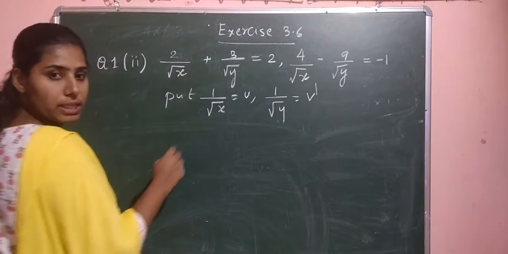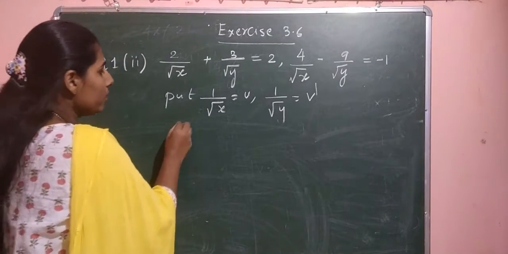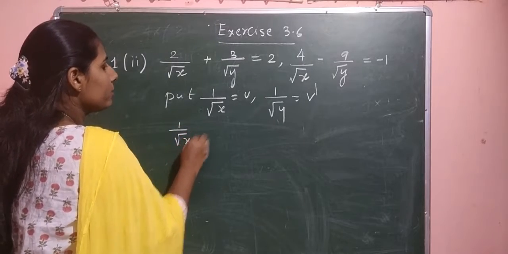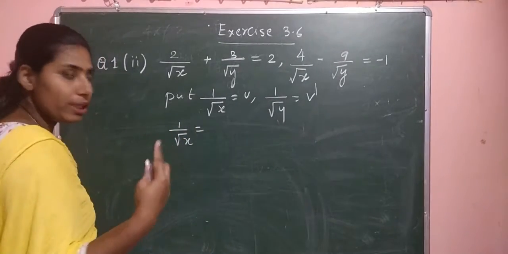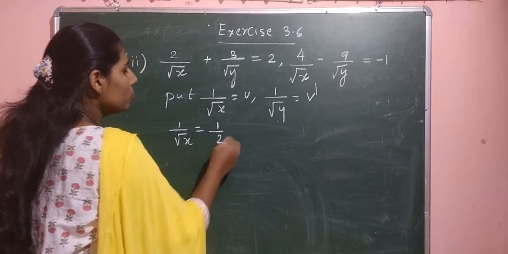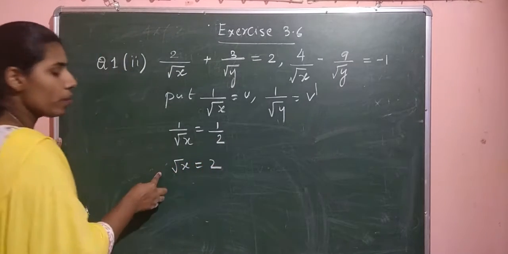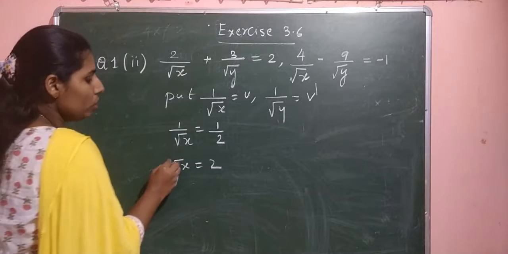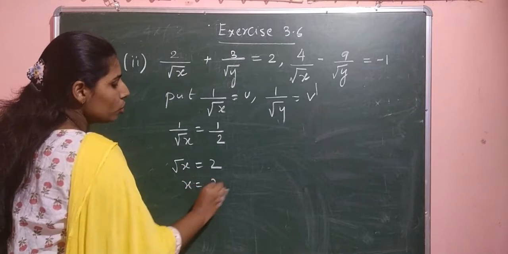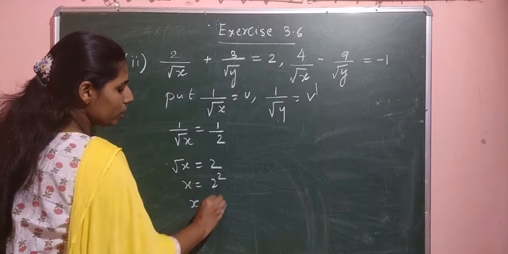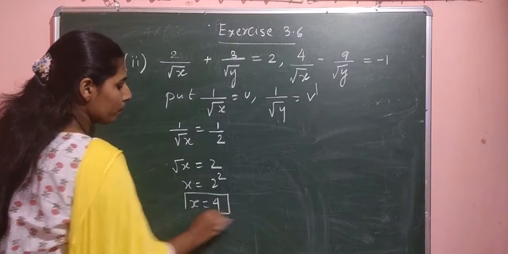So when you put in this equation, what will I get? 1 upon root x I will use as u. We got it as 1 by 2, right? So 1 by 2, or we will get root x as 2, squaring both the sides, right? So we will get x as 2 square, that is, we will get the value of x as 4.